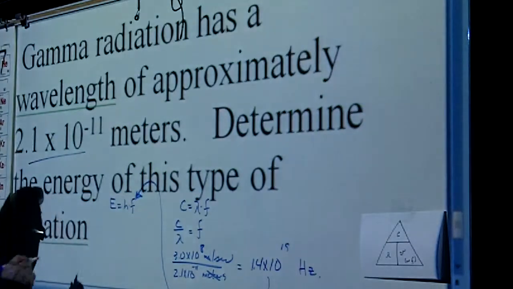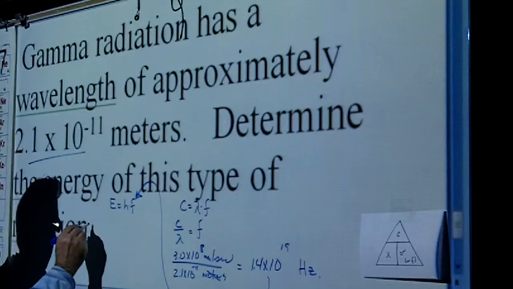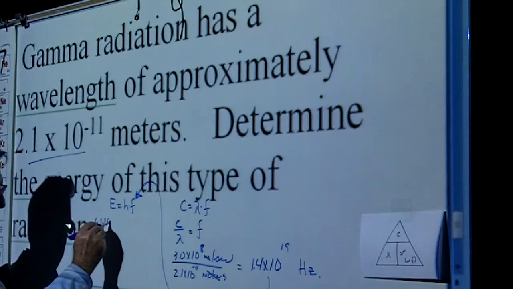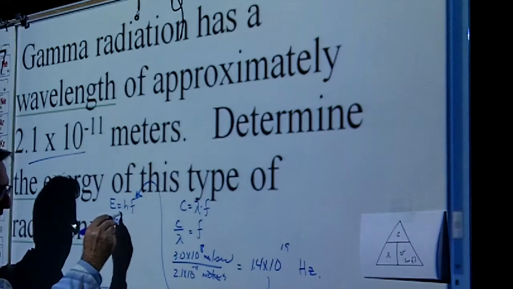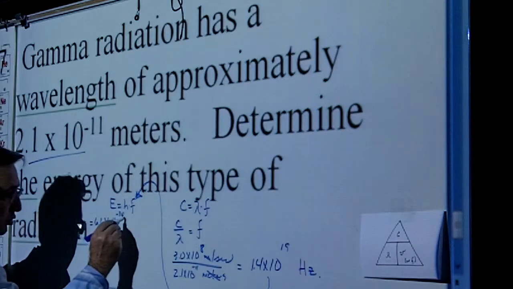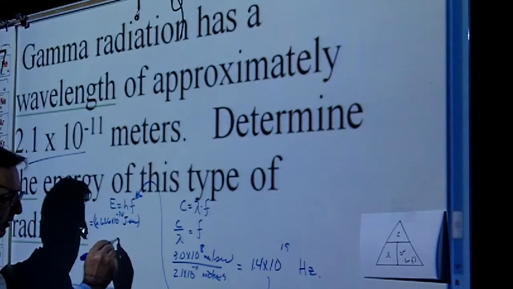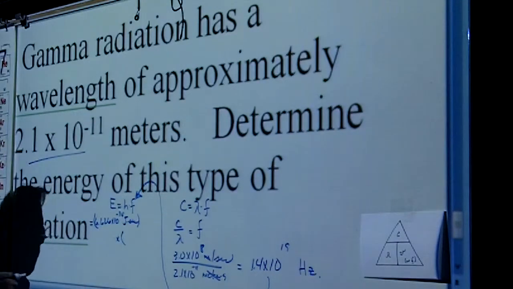So we get now energy, that's what I'm looking for, is equal to Planck's constant, 6.626 times 10 to the minus 34, that's joule seconds, times frequency.